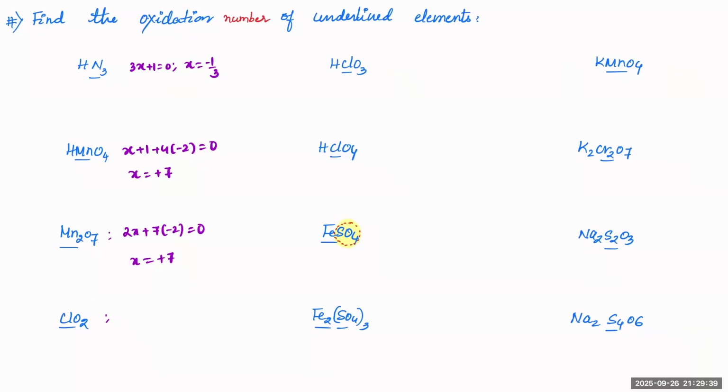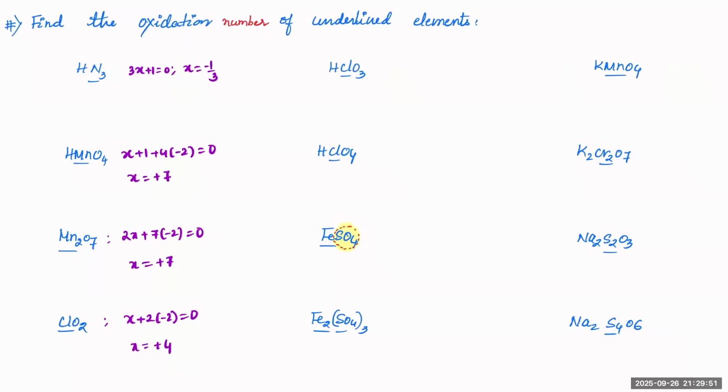Cl2 here, x plus 2 times -2 overall equal to 0. So x is equal to +4. HClO3 here. So x plus 1 plus 3 times -2 equal to 0. That makes x equal to +5.